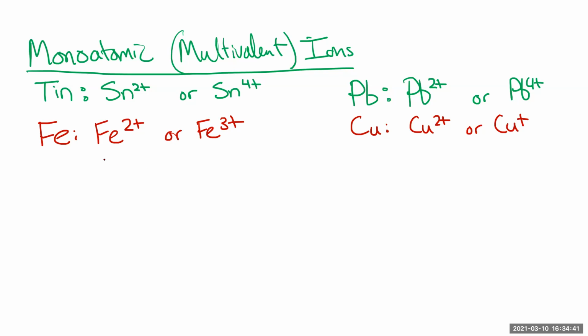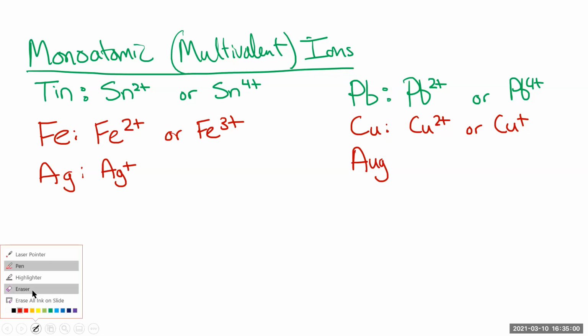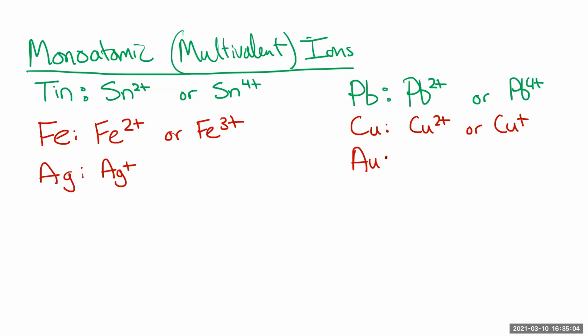We've also got silver, which can be just silver 1 plus, thankfully. There are other possible charges, but the most common one for silver is just 1 plus. I'm mentioning this here, though, because I want to show you amongst its group, there's Au, not AG. Gold, Au, is either gold 1 plus or gold 3 plus.